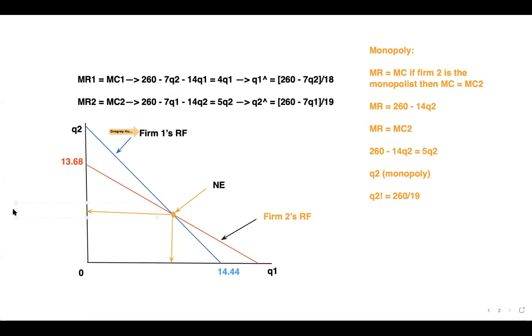We're just not quite ready to do it yet. So this would be Q2 NE, and the one down here would be Q1 NE. And again, we don't have it yet because we haven't computed it yet.